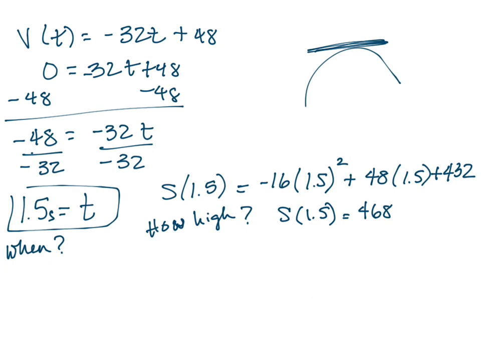So that tells me that the peak is not very far above the cliff that it was thrown. This is a pretty crude drawing, but the peak's not very high above the cliff where it was 432 to begin, and it peaked at 468. Pretty tall cliff. I don't think that the book asked you that question, but we should know.